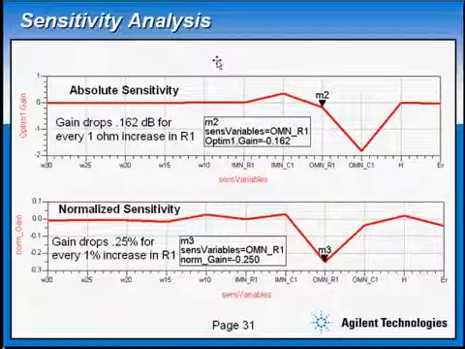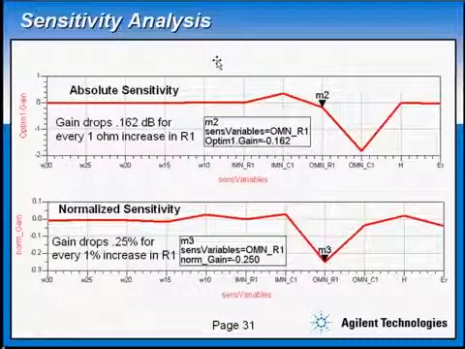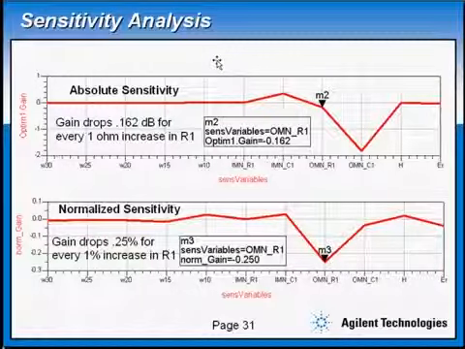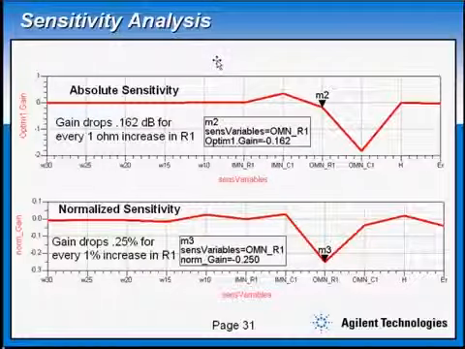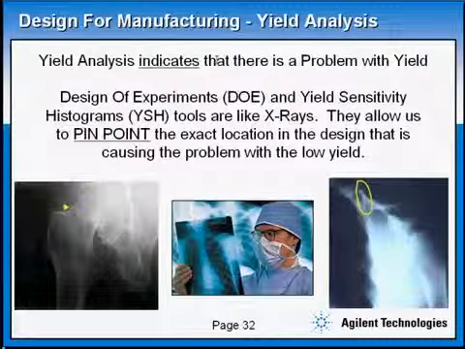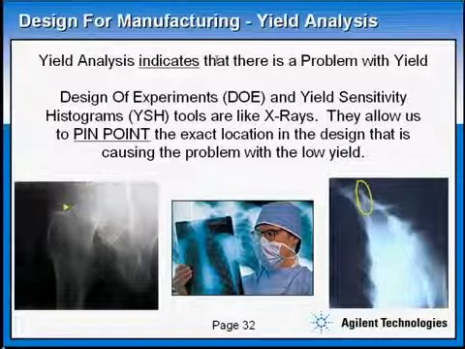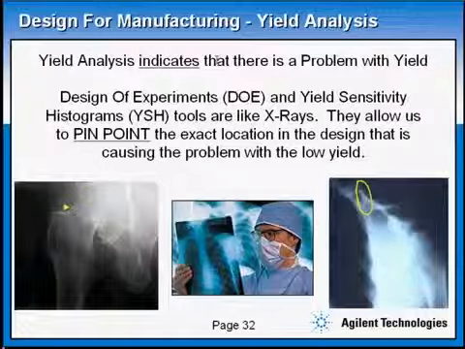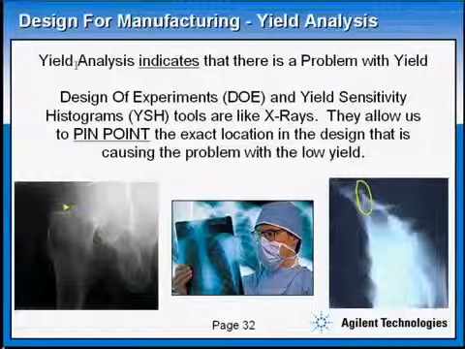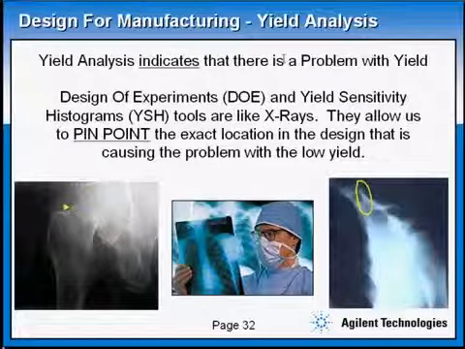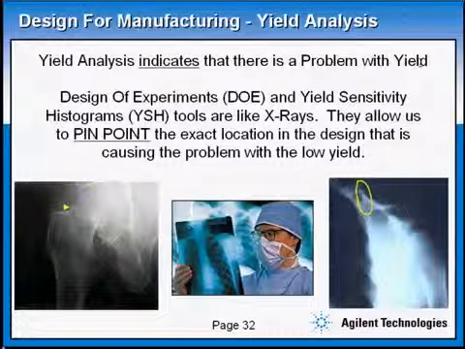But sensitivity analysis is localized. It doesn't take into account the interactions between elements. It's one component at a time doing that analysis. This is why you have to go beyond sensitivity analysis and use the design of experiments tool and the yield sensitivity histogram tool, which accounts for all the components interacting together.